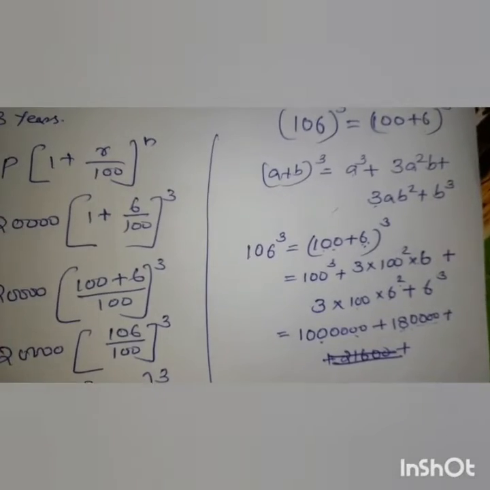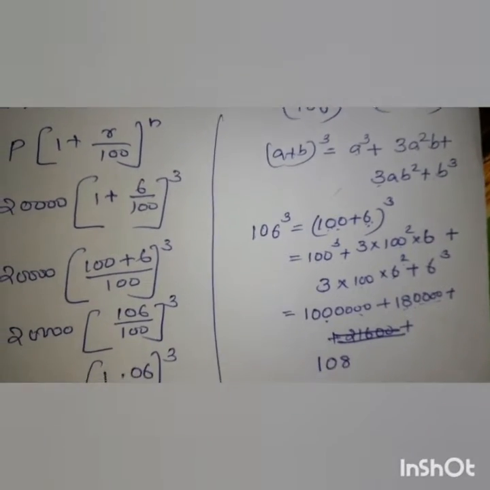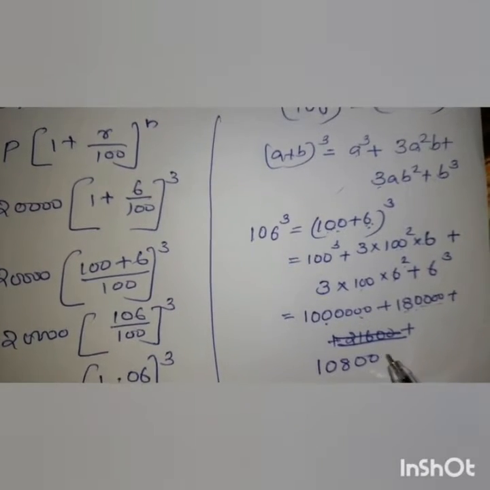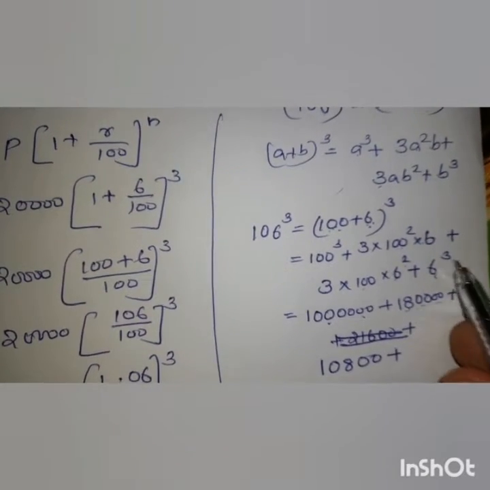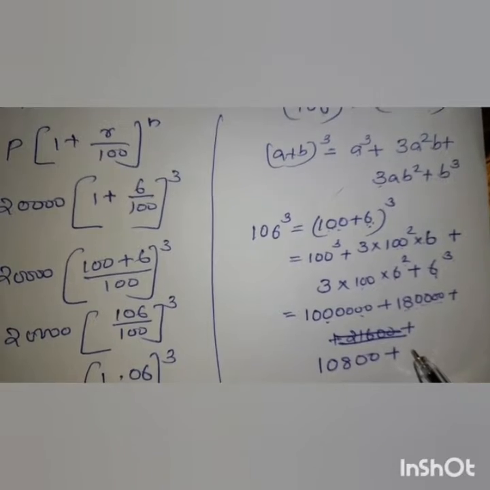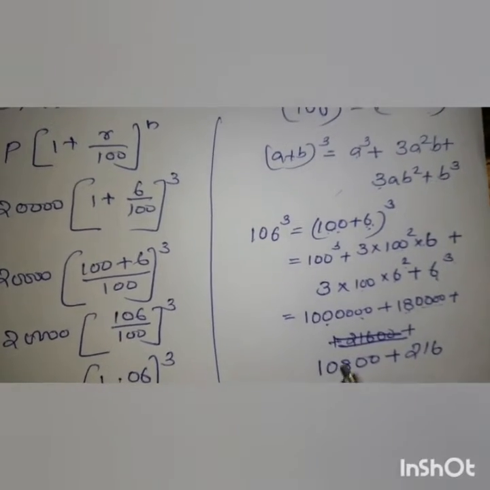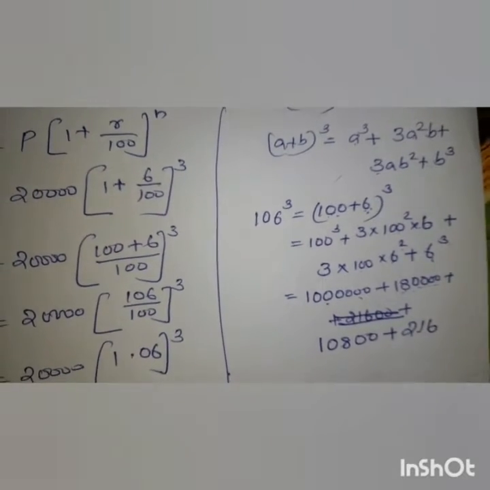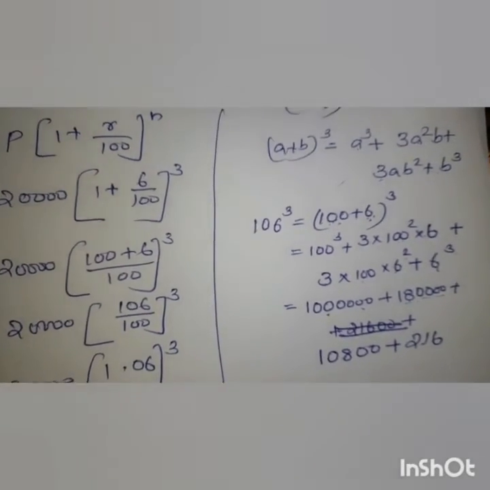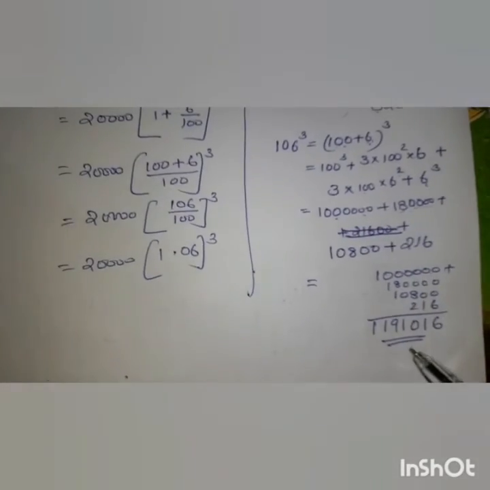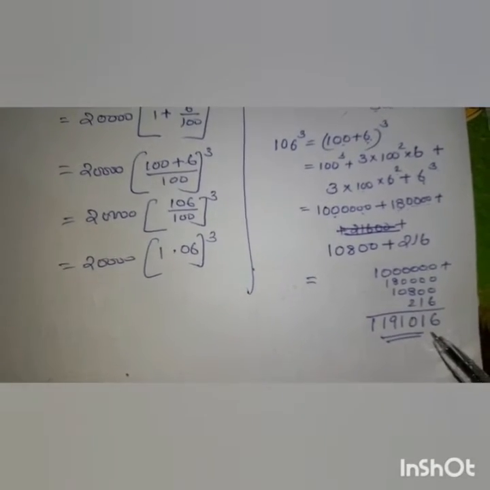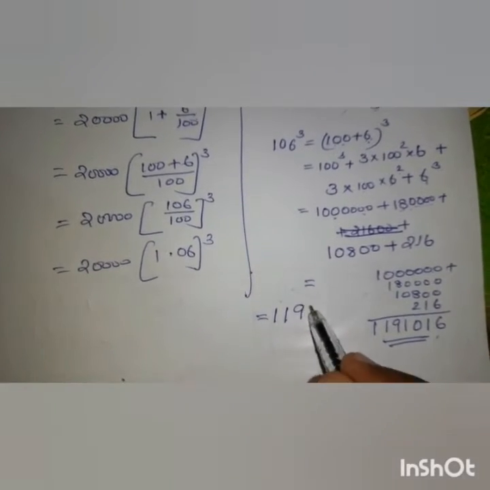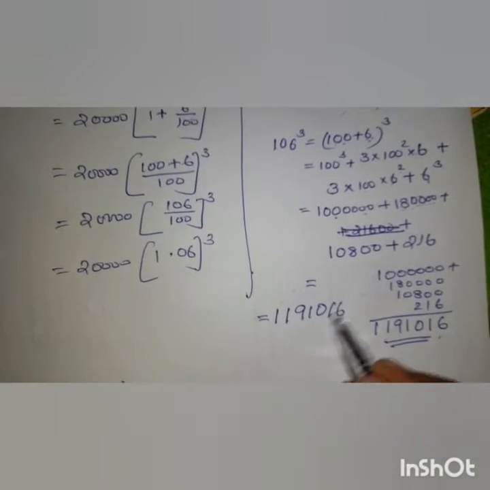That is 108, and then 2 zeros. So this is the answer you are getting. Then plus 6 cube. 6 cube is 6 into 6, 36 into 6, that is 216. So these 4 amounts should be added. After adding these 4 values, we are getting 1191016.